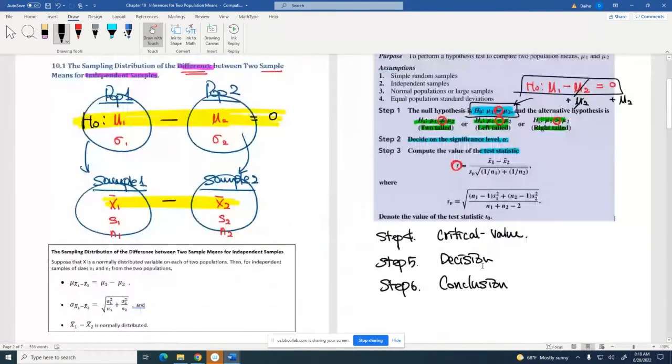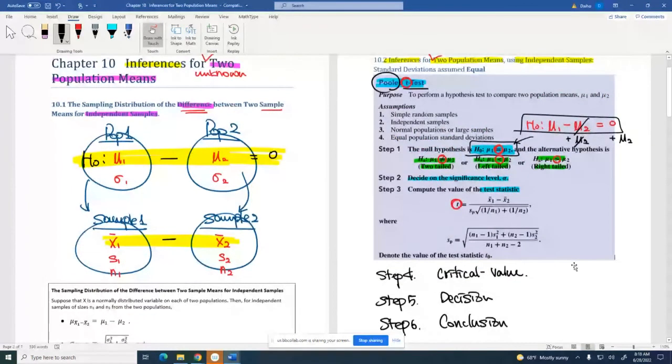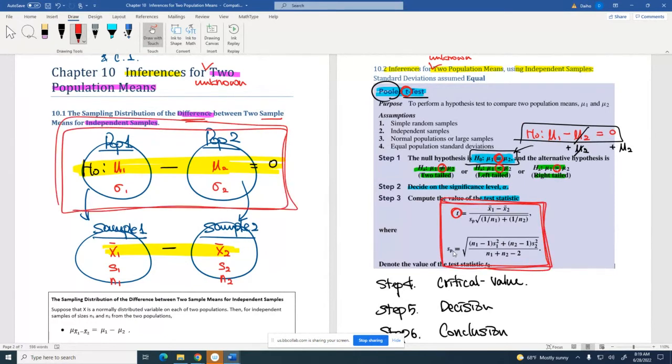It's a little bit different six steps. We are going to apply the pooled t-test. It is only the difference because we have two populations and two samples.